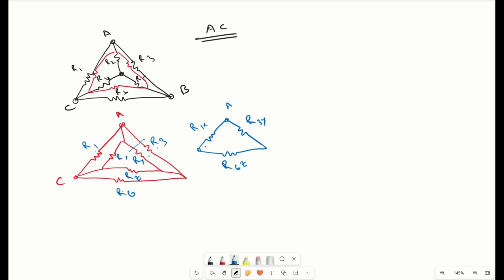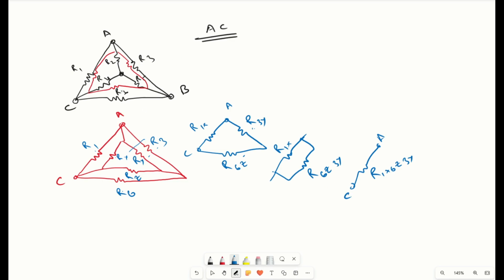Then we are determining with respect to AC, so these two are in series, so R1x, then the combination of R6z and R3y, right? Then again they are in parallel, so we'll get the equivalent resistance R1x, R6z, R3y, right?